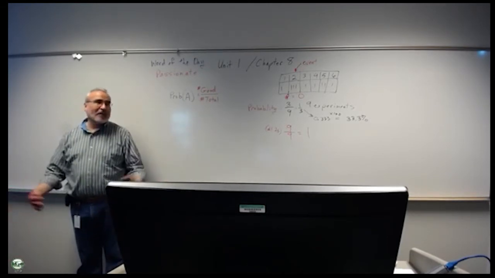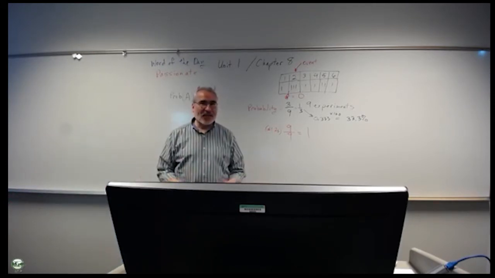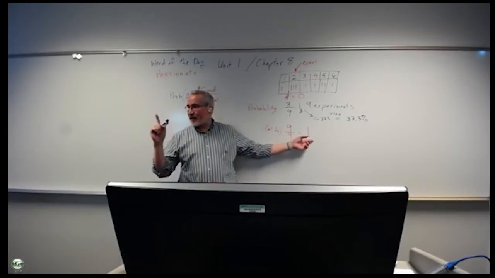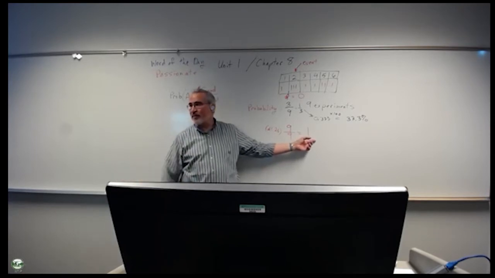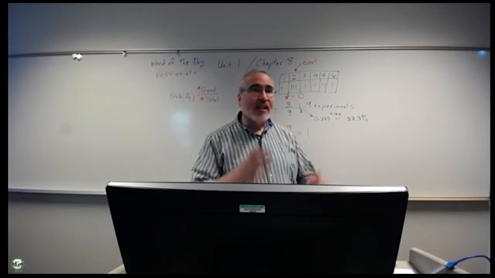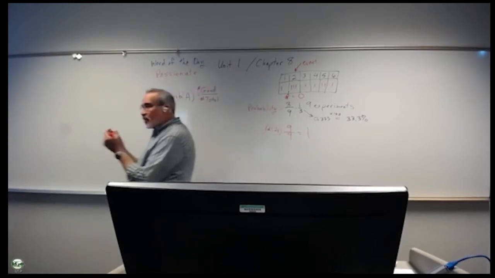I'm lying, or I'm gilding the lily, overemphasizing, but you can't have a 200% chance. You can have a 100% chance. 1 is the biggest probability you can get. You can't have more than 100% probability of happening. You also can't have a negative probability of happening. You can have 0, which means it won't happen.